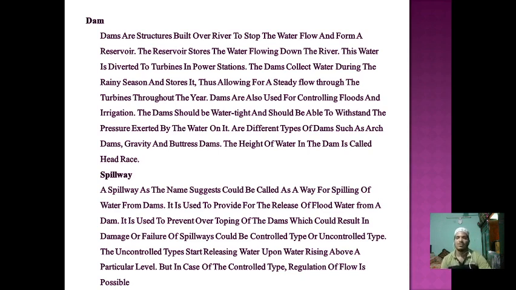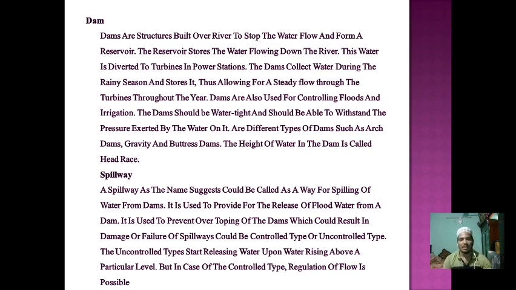Just now I told you the reservoir water is used to generate power, and it is given to the turbine, and then the turbine will move or run, and after some time with the help of a generator we can produce the electricity.